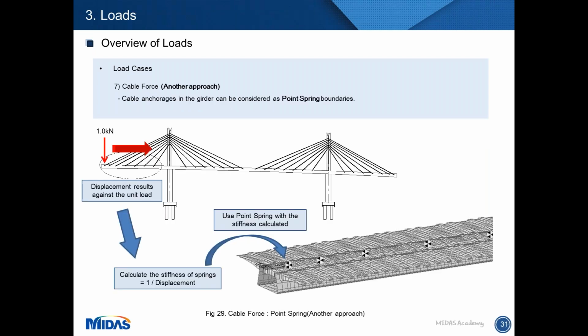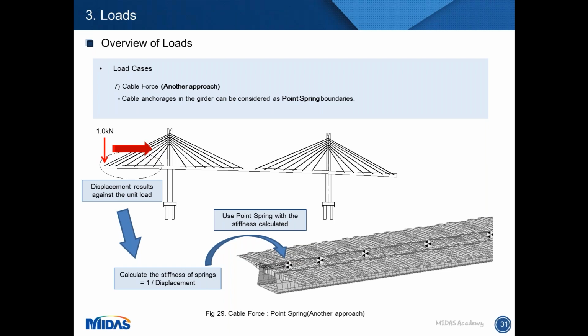And here, this is another approach for the cable force. This method is considering cable anchorages as point spring supports. The stiffness of point springs can be calculated using displacement results against the unit load in the global analysis.